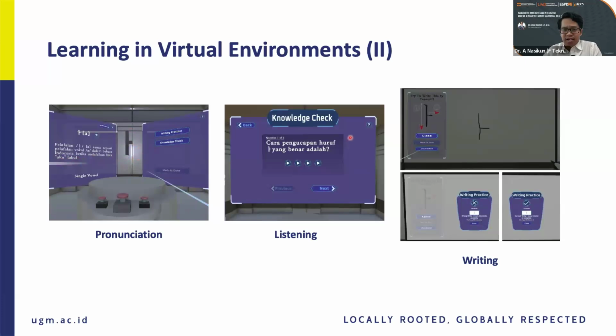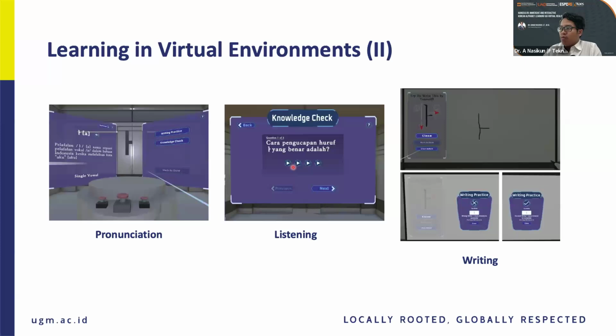And second, we also teach them some listening. In this case, we show one example of the assessment test. We have this character, and then we give the students 4 options.